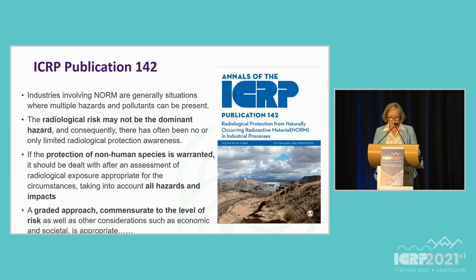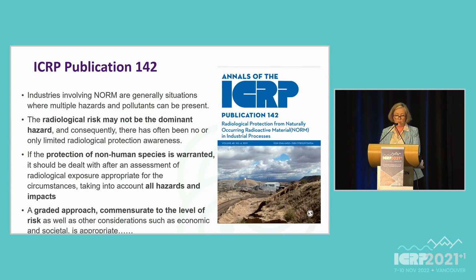So finally, ICRP Publication 142 was published in December 2019, and I've just pulled out a few of the key principles, and I think they align very closely with and support the work and approaches that have been made so far in Australia. You need to consider multiple hazards and pollutants. The radiological risk may not be the dominant hazard, and consequently, there has been no or limited radiological protection awareness.